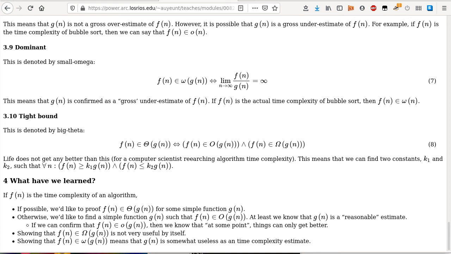Think about binary search. The best case of binary search is constant time, because the element right in the middle of the array is the value that you want to find. So you can always construct a best case scenario where the time complexity is useless: we are there already, we're done.